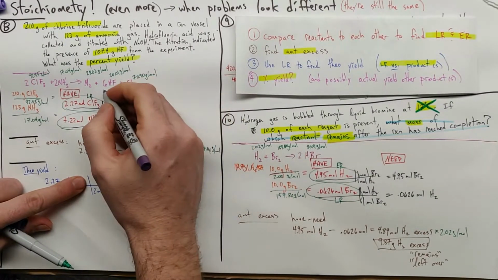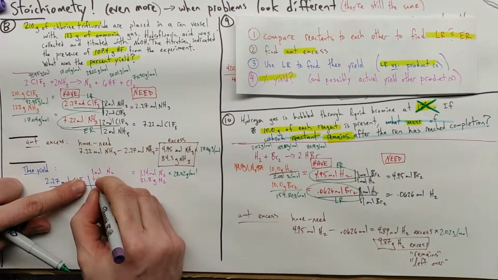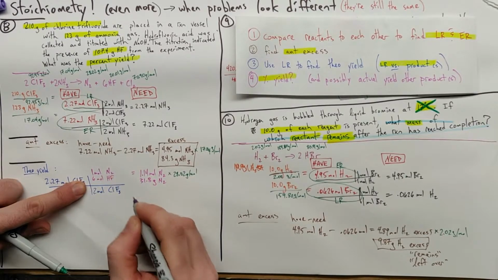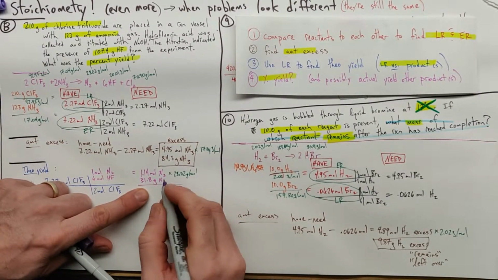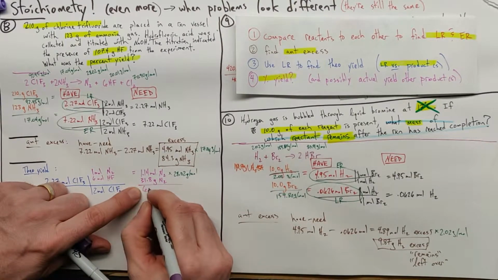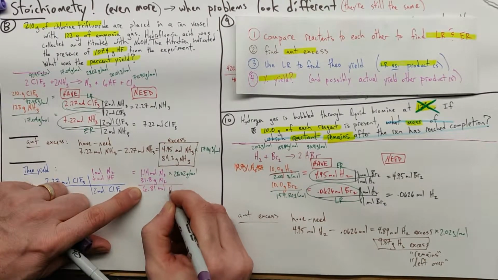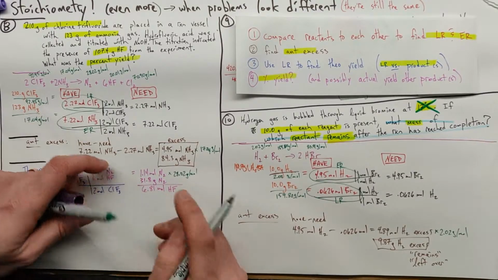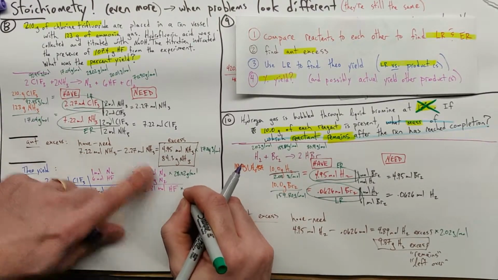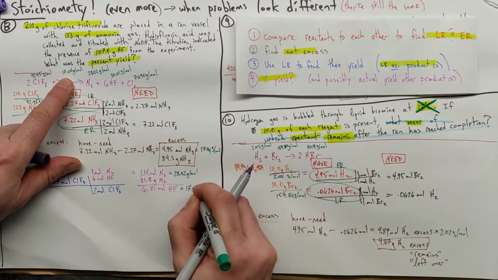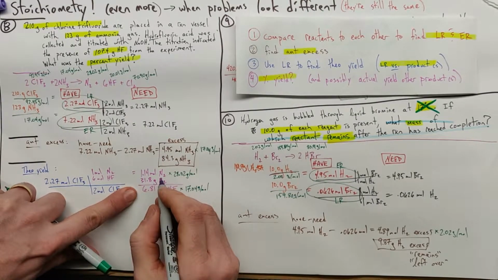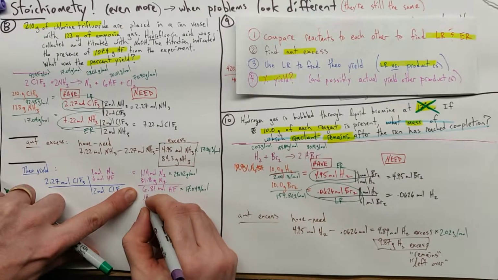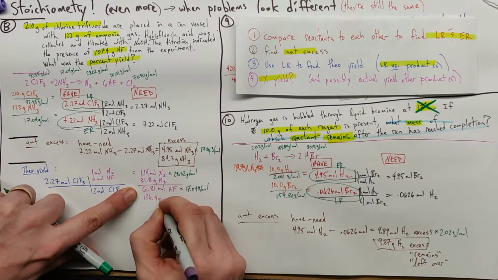And we also have our HF, so 6 moles of HF, which gives us 6.81 moles of HF as a theoretical yield. And we'll multiply by the 17.04 grams per mole, and that'll give us 136.4 grams of HF.